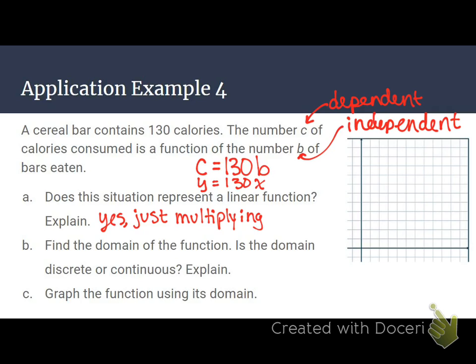Now, assuming that we have all the cereal bars in the whole wide world at our disposal, is there a maximum amount of cereal bars that we could eat? No. We could keep eating cereal bars until they have to put us in the ground, right? We could just keep going and going. So we can eat all the cereal bars we want, but we can't eat less than 0.